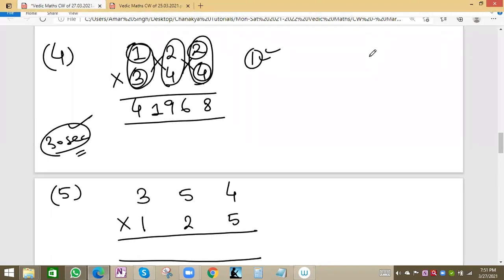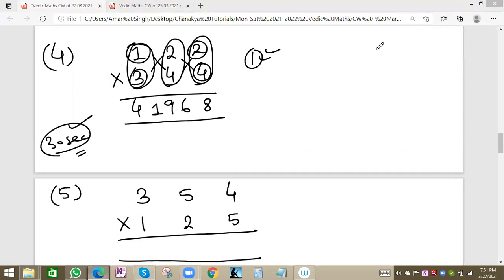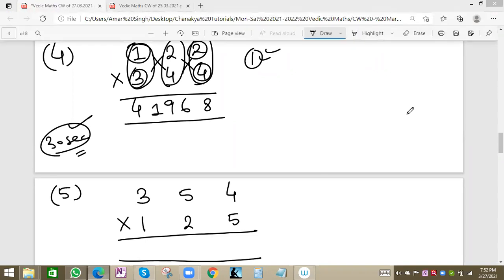Everyone will try. So answers are varying this time. 354 and 125. 44250 is the answer. 44250.